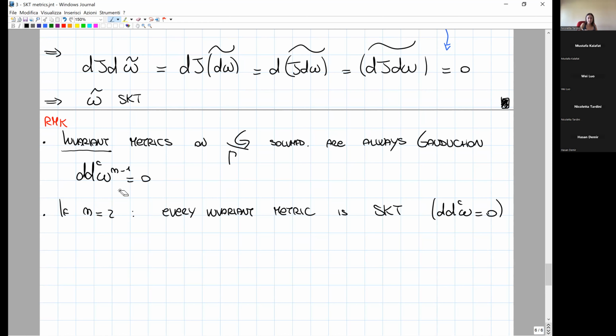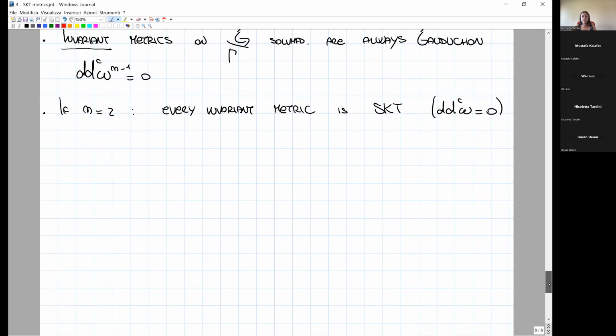And so they are Gauduchon. So this is a consequence of this previous statement. Okay, so this means that we have a lot of examples. You just take a solvmanifold in dimension 2, and every invariant metric will be SKT.